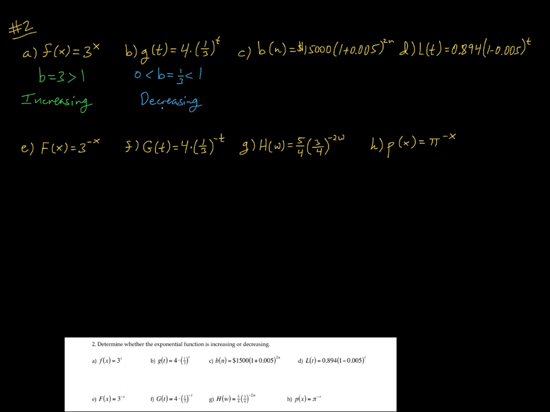For part C, we have b of n is $15,000 times the quantity 1 plus 0.005, all raised to the 2n. So do be a little bit careful here. Our base is not quite the 1.005, and that's because of the 2 in the exponent. So if I square 1.005, I wind up getting the following value.